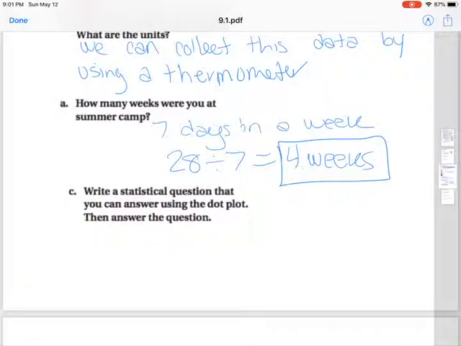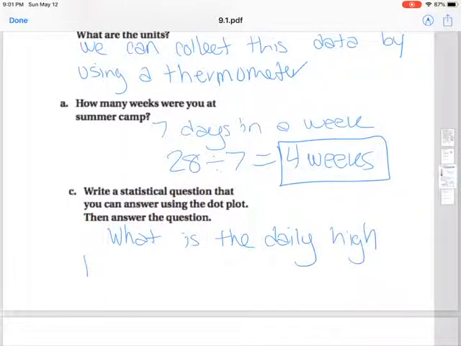So our entire experiment was collecting the temperatures throughout our entire month of August. So a statistical question I could ask is, what is the daily high temperature in August?